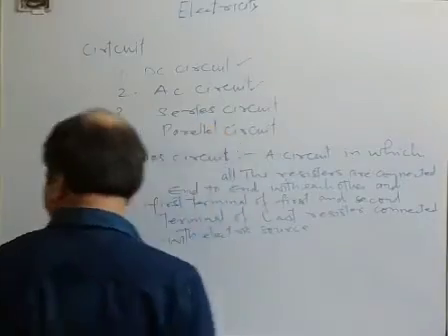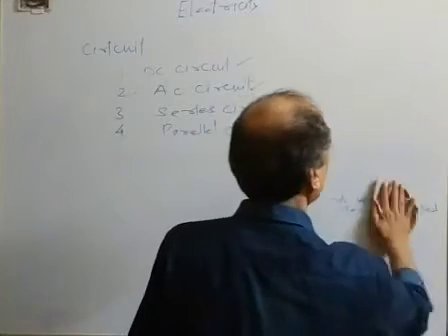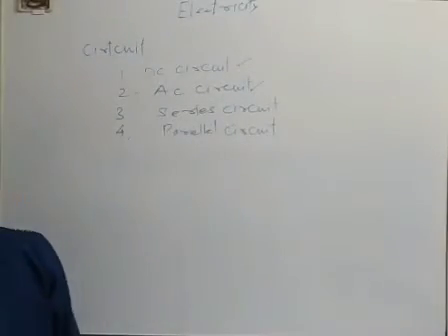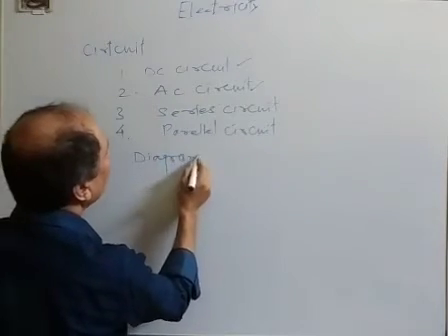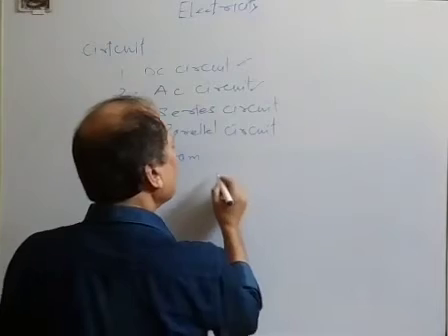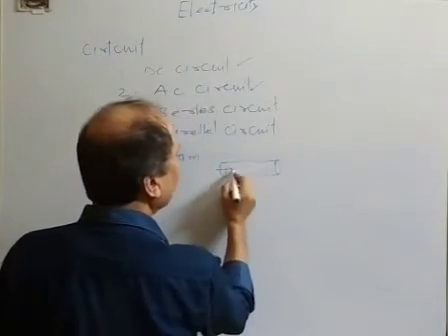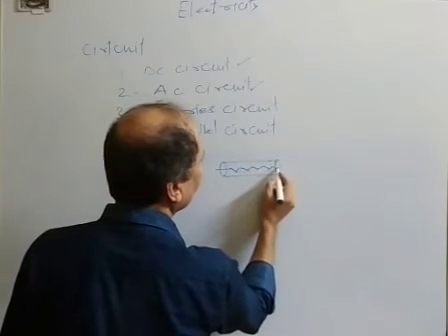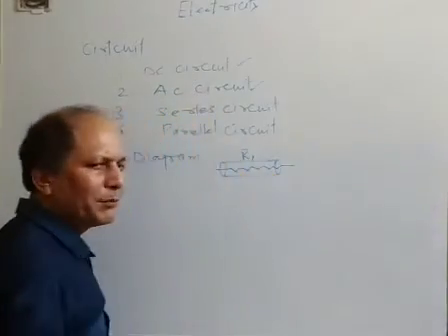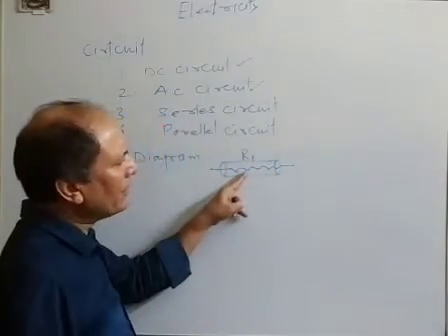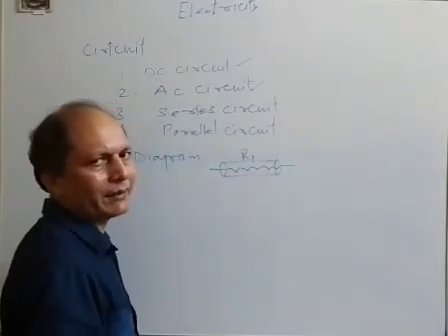Now see the figure diagram. Suppose here is a resistor having resistance R1, because previously I have told you that a zigzag line is the representation of resistor.